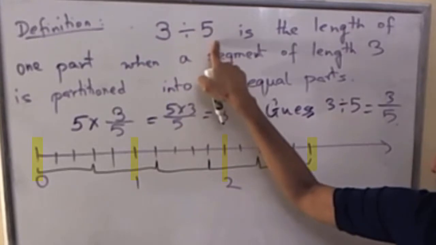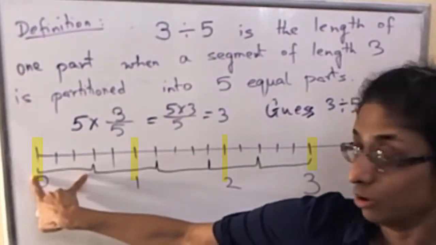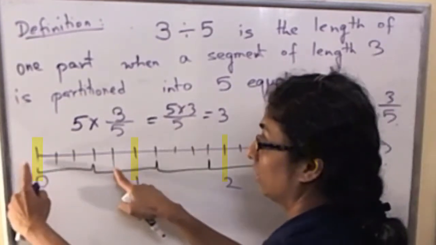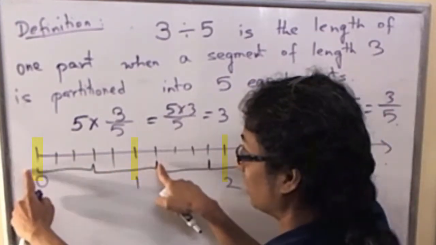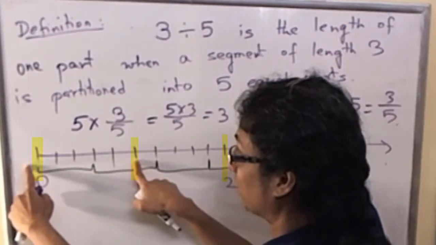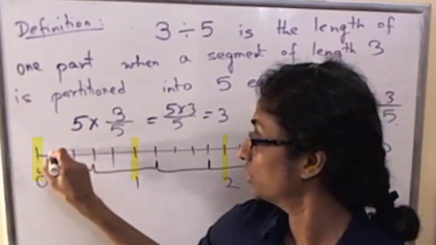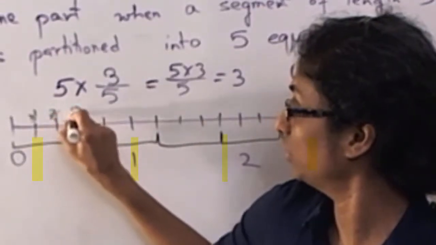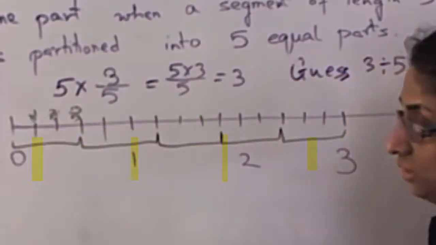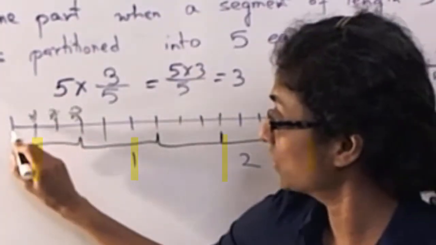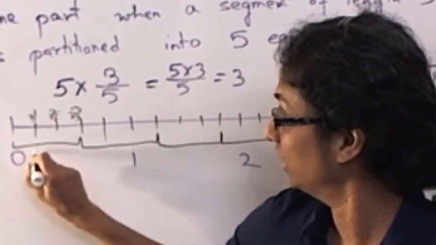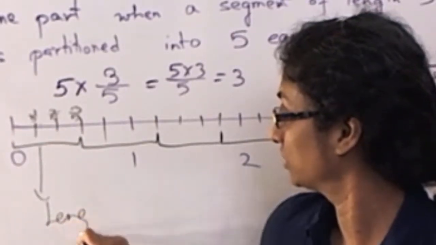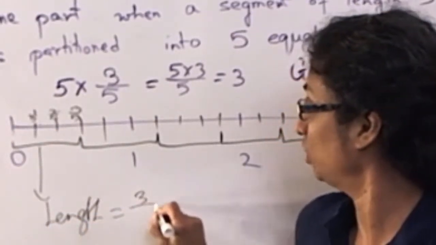3 divided by 5 is supposed to be the length of any of these parts. What is the length of this part? Well, I divided up this unit segment into 5 equal parts. So we know this is 1 over 5, 2 over 5, 3 over 5, and so on. I don't need to put the rest of them, because right now I can tell that this segment's length is 3/5.